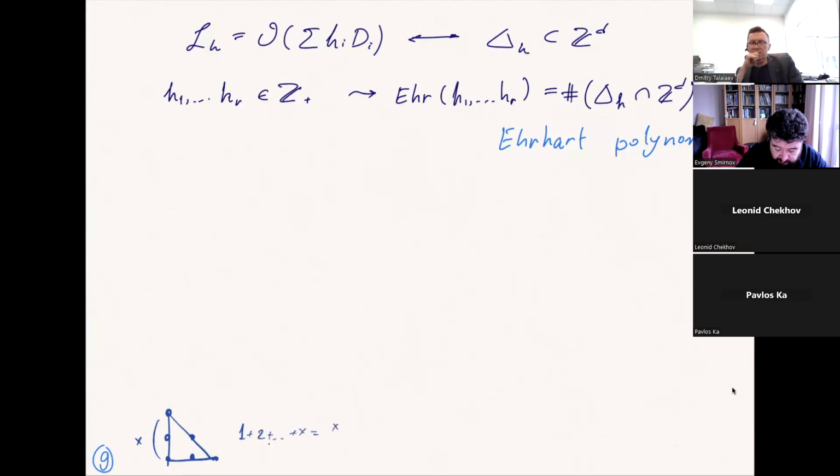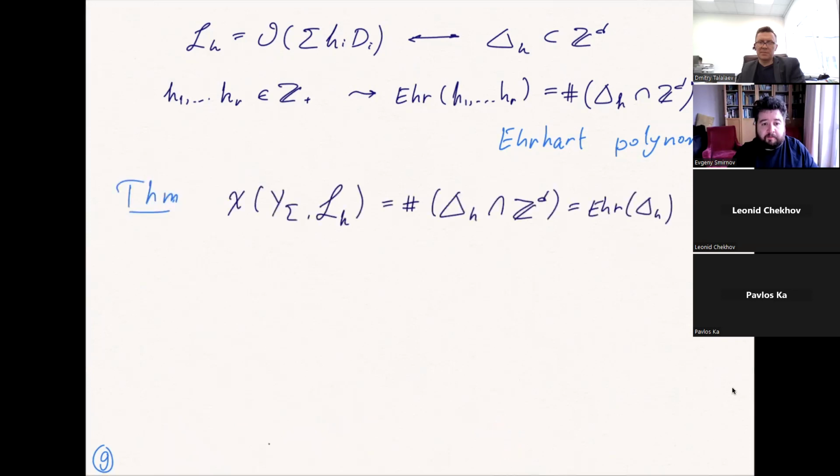So this is x(x+1)/2. And the volume of such a thing is just x squared over 2. So you see that this thing is not homogeneous as opposed to the volume, but its highest term coincides with the volume polynomial. So this is the volume polynomial plus certain junk.